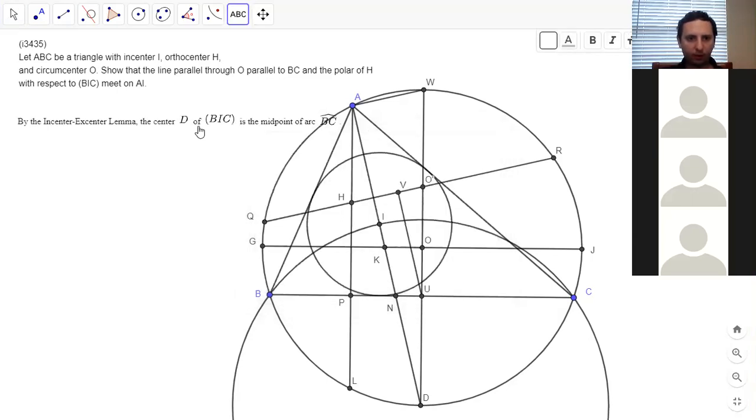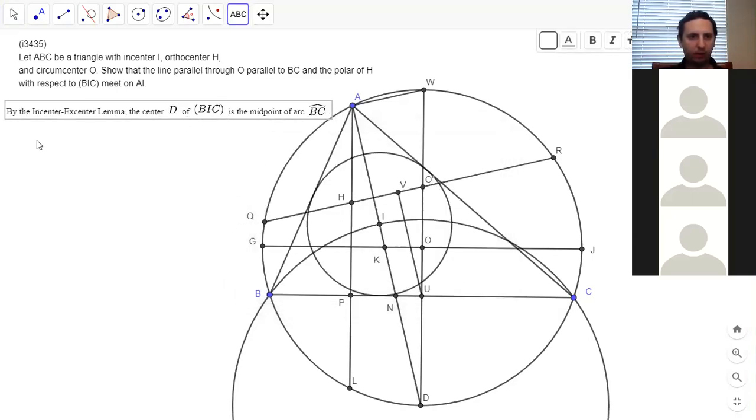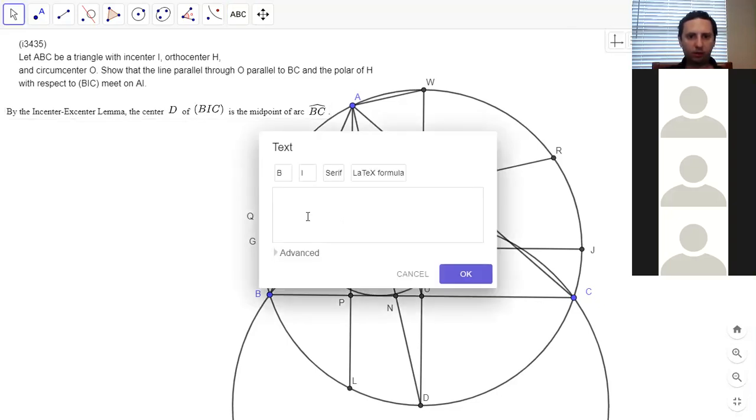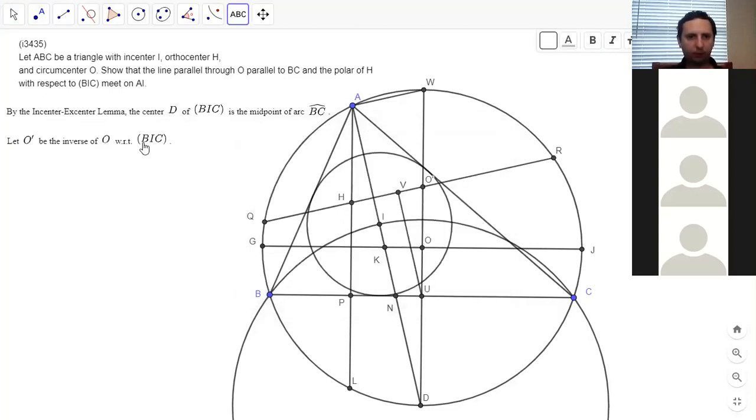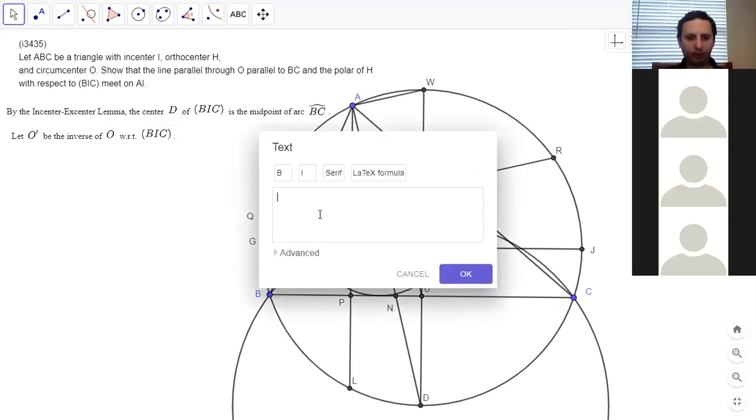That's the first step, and then we could try to do an inversion. Let O' be the inverse of O with respect to the circle BIC. Let W be the midpoint of arc BAC.